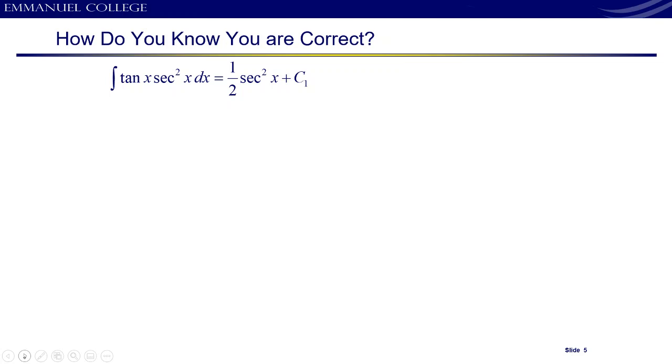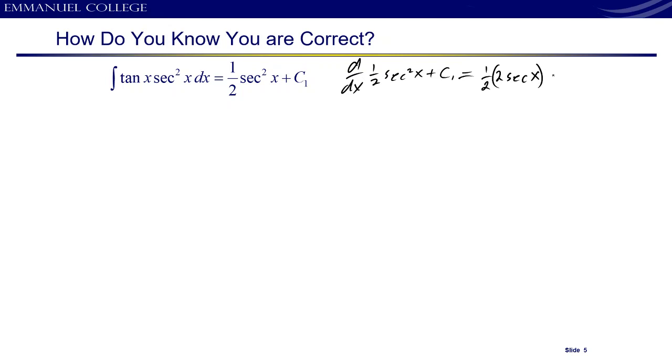which would be, if you did chain rule, that's the same as 1/2 secant squared of x, because if I do this derivative with respect to x of 1/2 secant squared x plus c1, I'm going to get 1/2 times 2 secant of x.